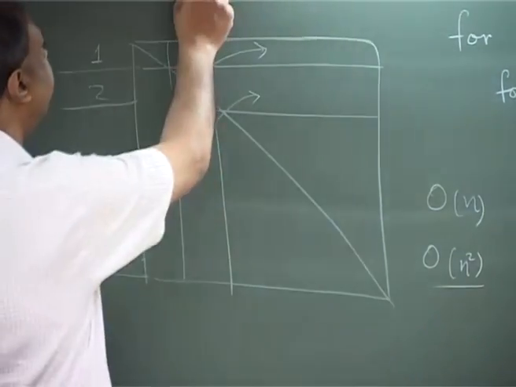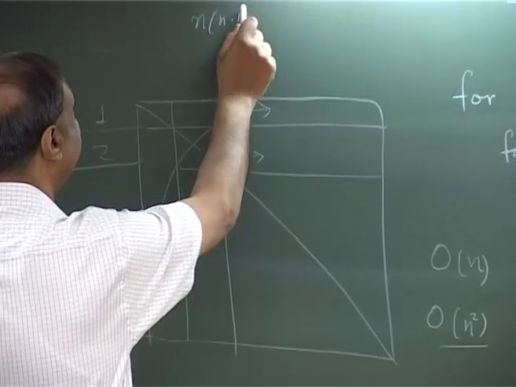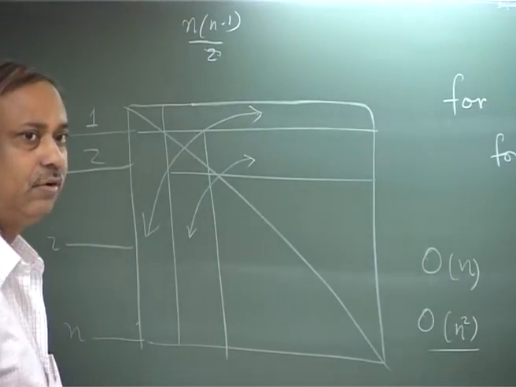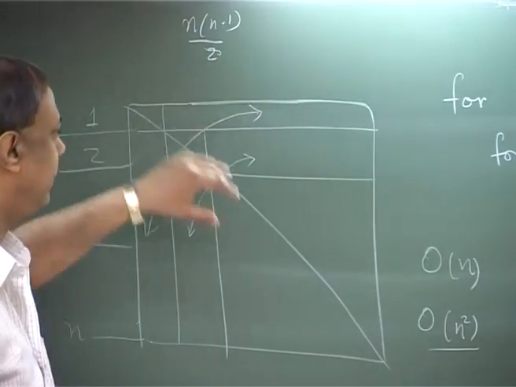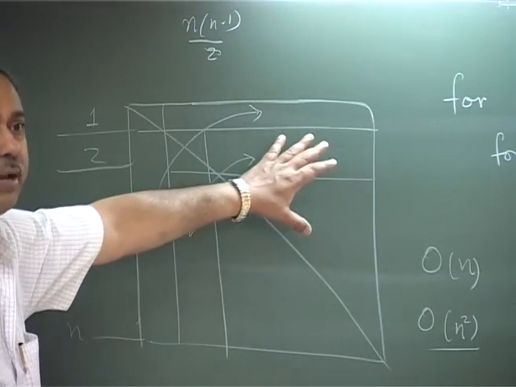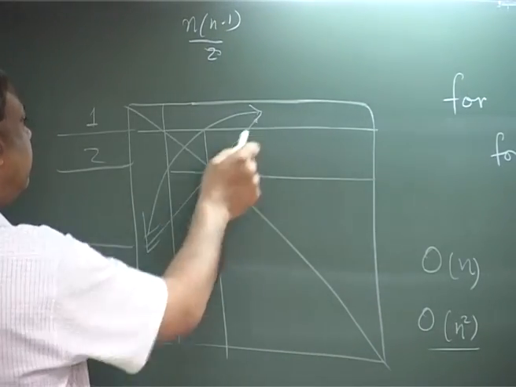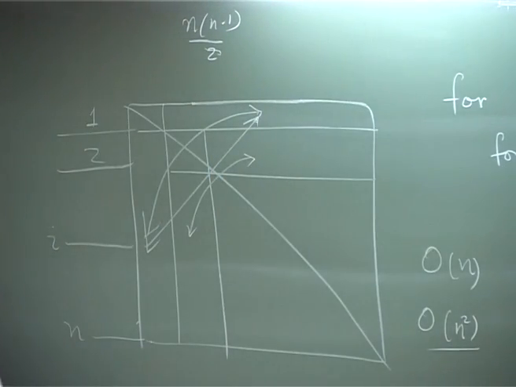So basically, you need n into n minus 1 divided by 2 processors, or of that order, for the upper triangular matrix. And each processor is interchanging with this one, which takes only 1 unit of time. Agree? So order n square processors, order 1 time, so cost is order n square, which is also cost optimal.